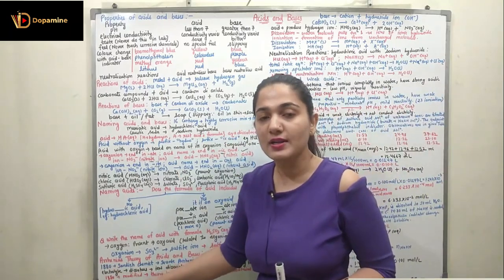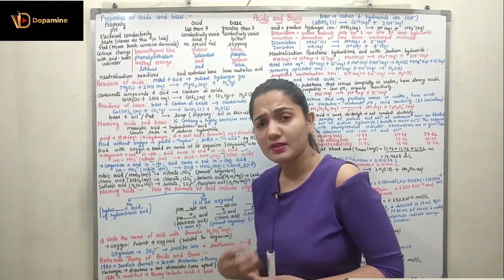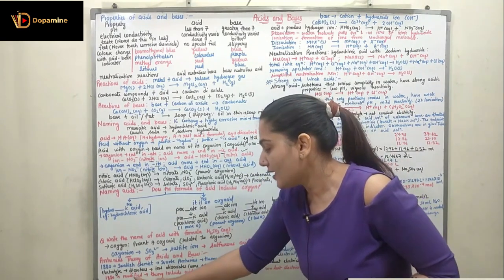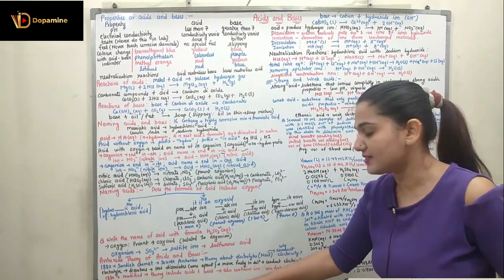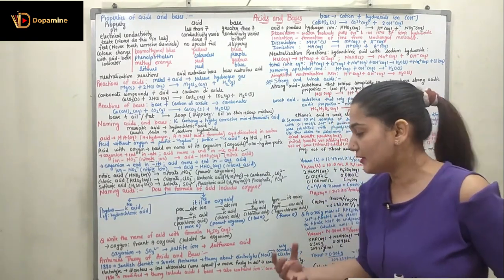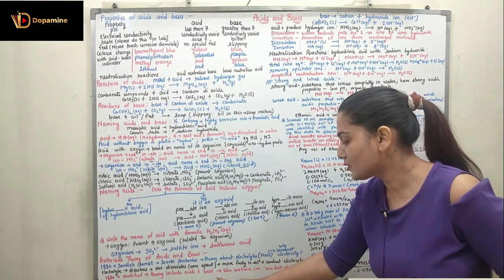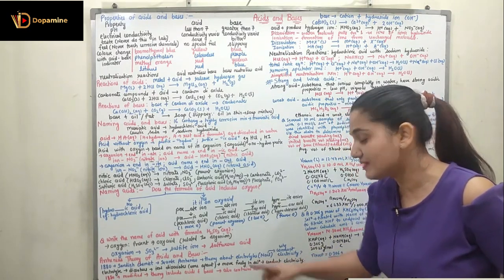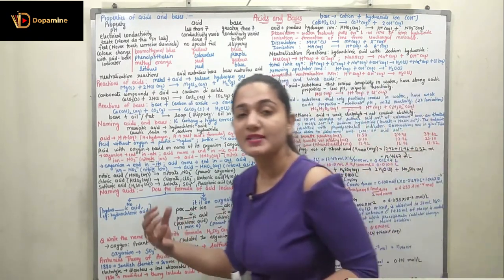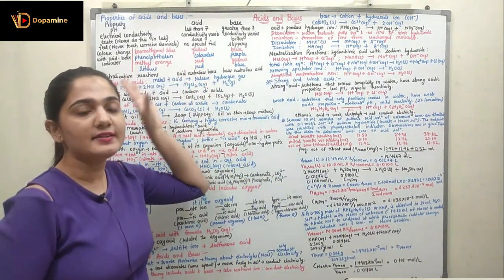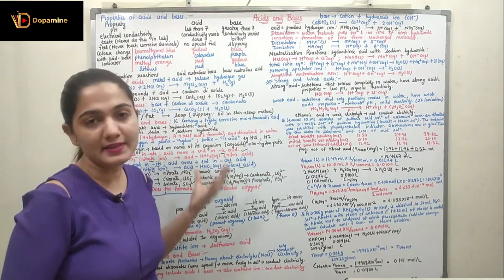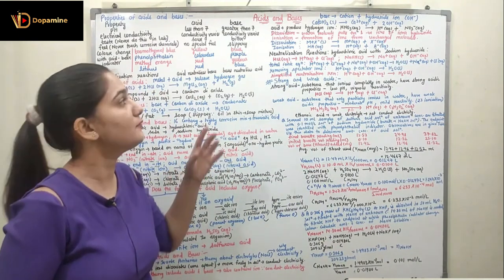In the 1880s only, Arrhenius modified this theory, and the modified theory included acids and bases also. It said that acids and bases also contain ions, and thus acids and bases also conduct electricity. Now we are going to understand the acid and base when they get dissolved in water.